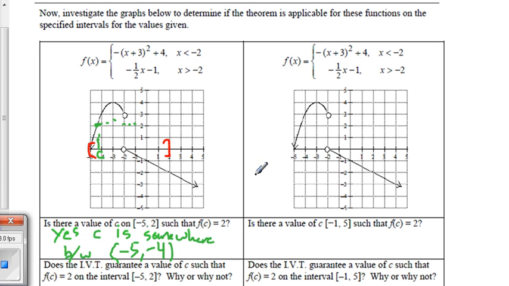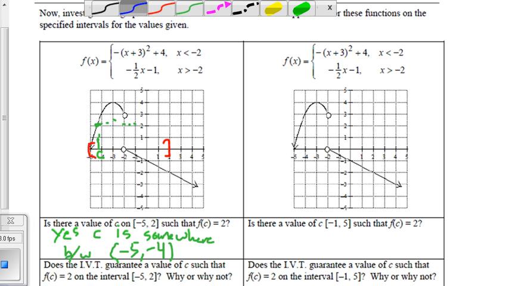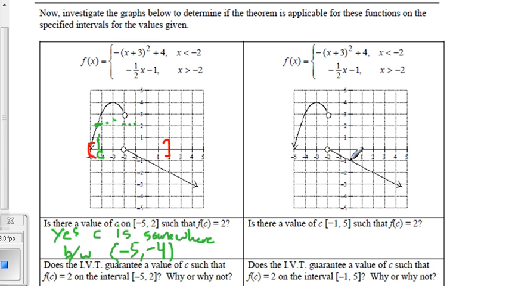All right, let's look at the second example. So the second example, piecewise function, and it's asking, is there a value of c on the interval from negative 1 to 5 such that the value of the function f of c equals 2? I'm putting a dotted line up there, and what we find out is that if we were going to have f of c equal to 2, then no, there's nothing up there.